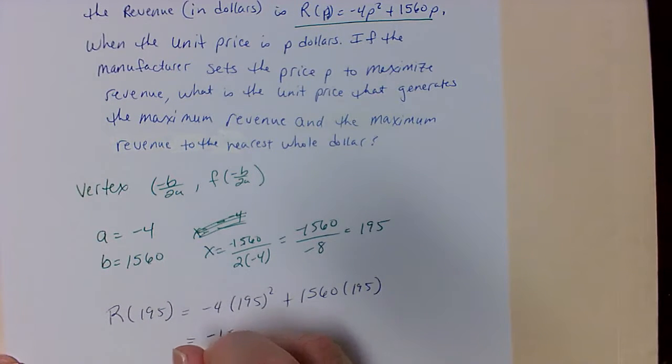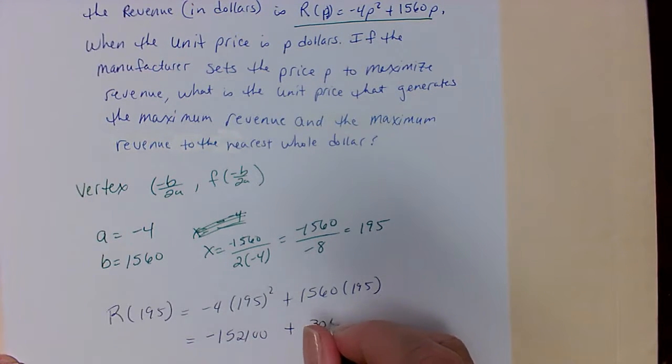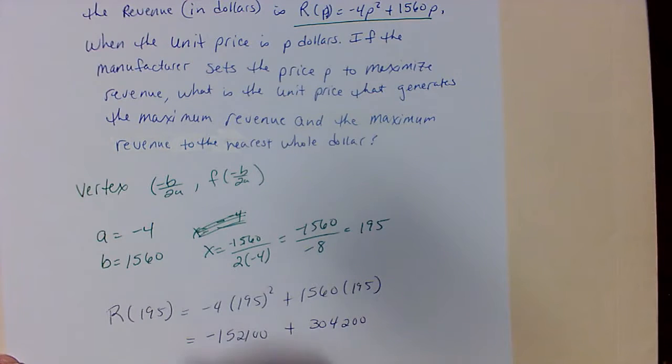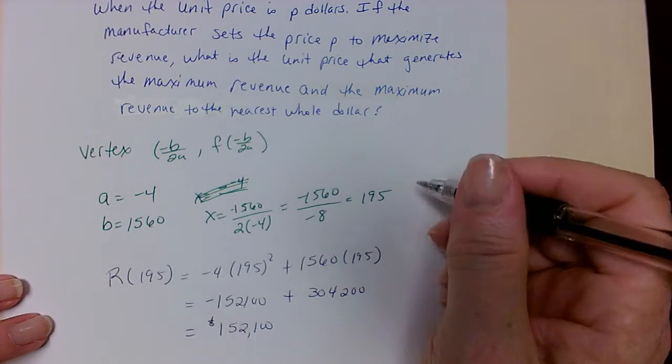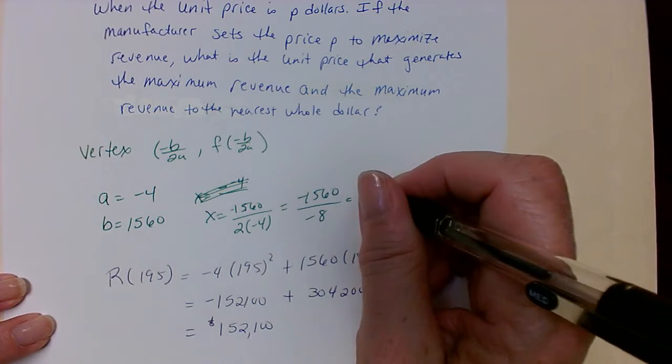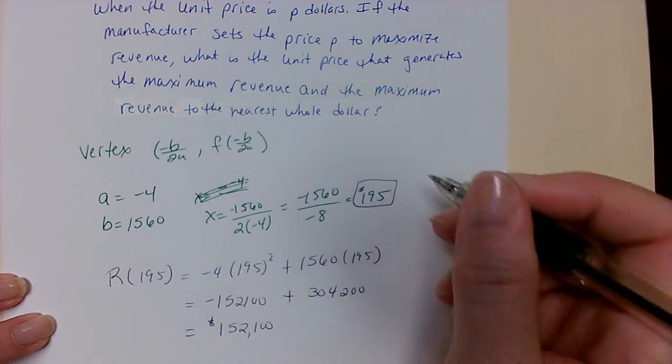So negative 152,100 plus 304,200. When you subtract that, you will get 152,100. So this would be our maximum revenue to the nearest whole dollar. And this would be the unit price that generates that maximum revenue.